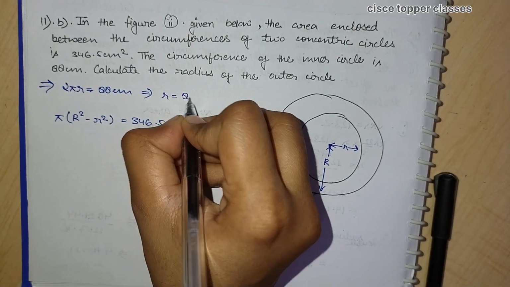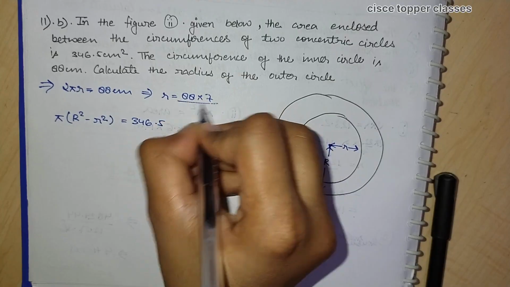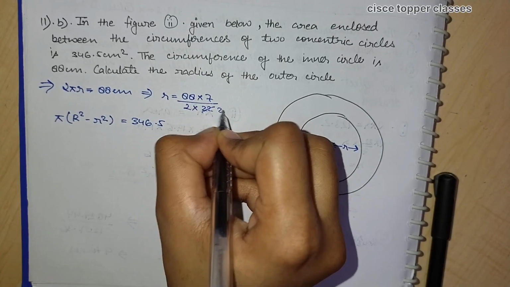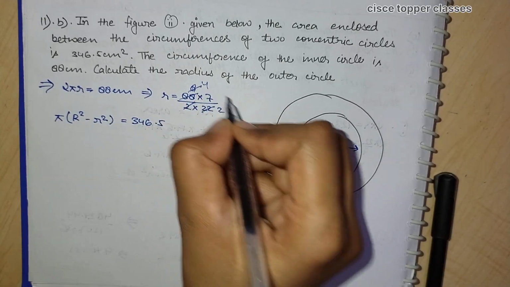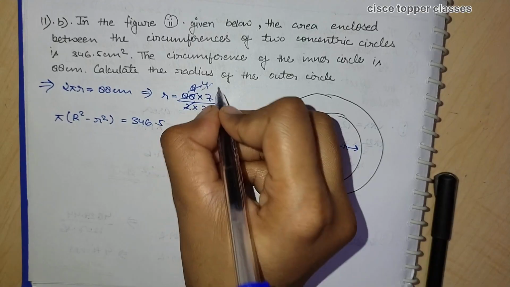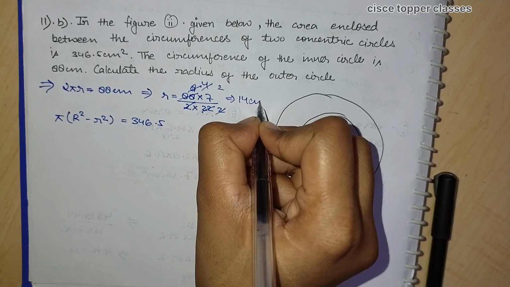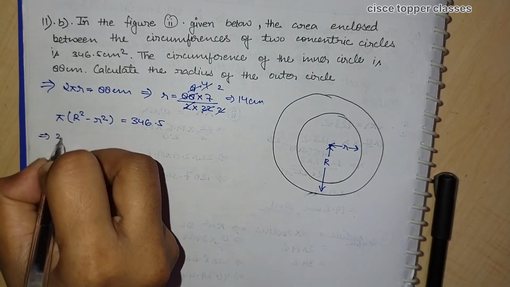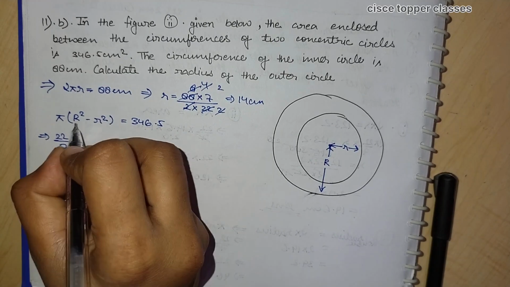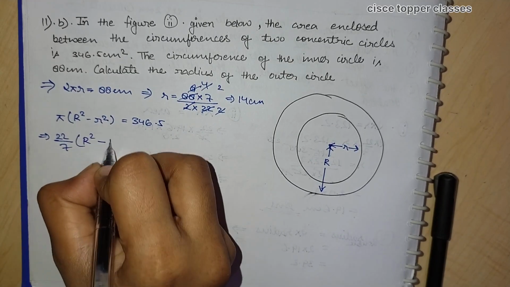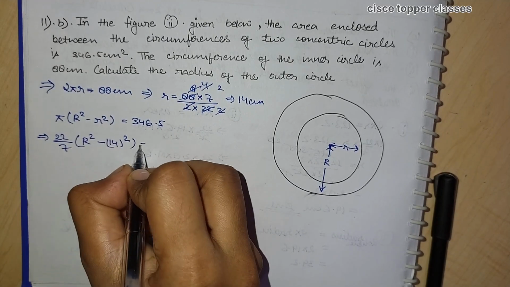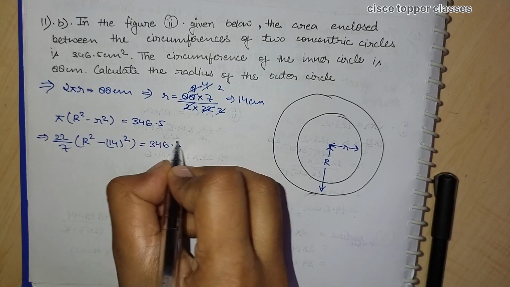So r will be 88 into 7 divided by 2 into 22. Again this will be cancelled out to 14 centimeter. Then we will put the value 22 by 7. Capital R square will be like this, and 14 whole square, equal to 346.5.